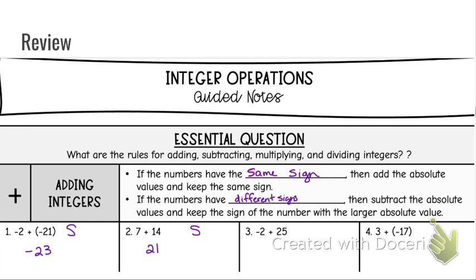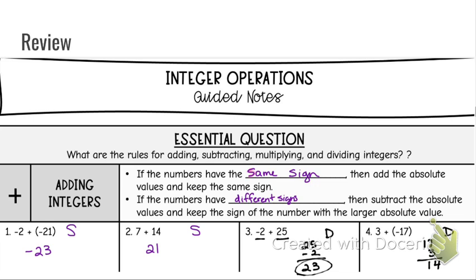Same or different? Different, right? Negative and a positive. So now I'm going to subtract. And the bigger one was positive, so positive 23. Different again. Notice when I subtract, I have to take the small number from the big number, even though the big number is one with the negative sign.